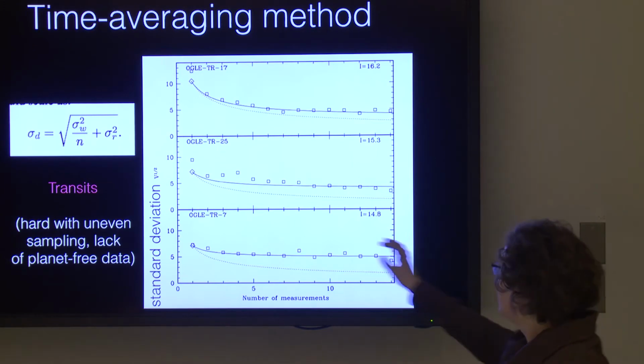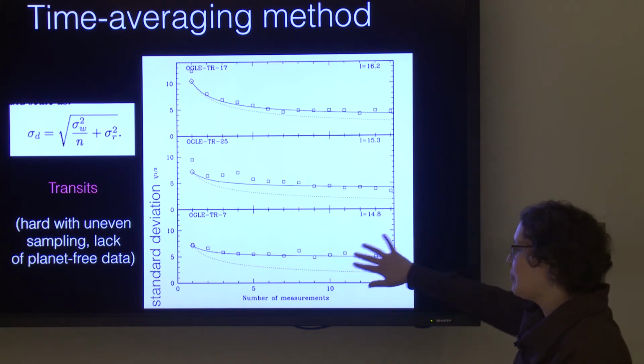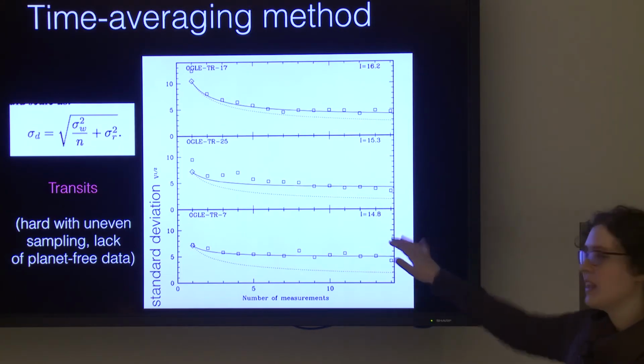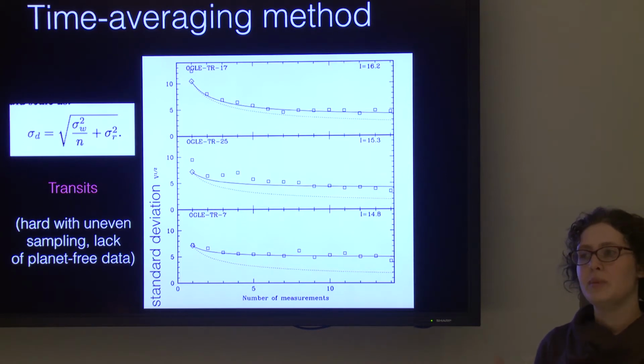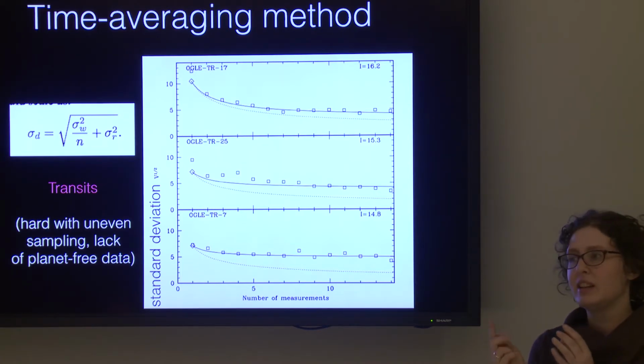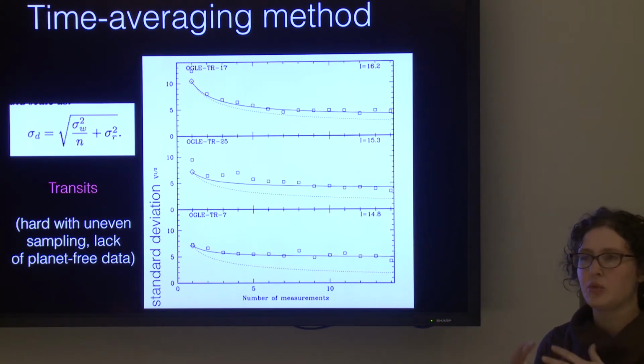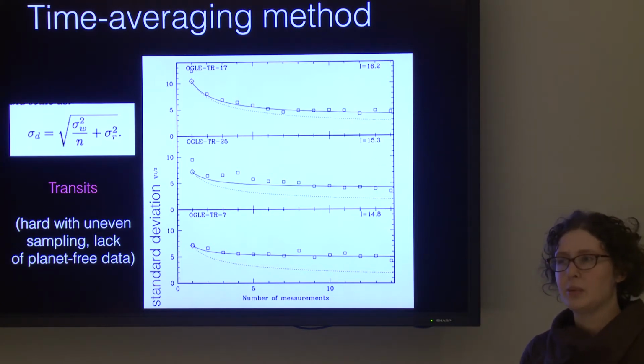This standard deviation as a function of number of measurements was computed after they removed their best fit planet, and because this was applied to the radial velocity method, they had no data that was planet-free. So these residuals don't necessarily reflect the planet-free process, since a planet has been modeled out with one assumed set of parameters.